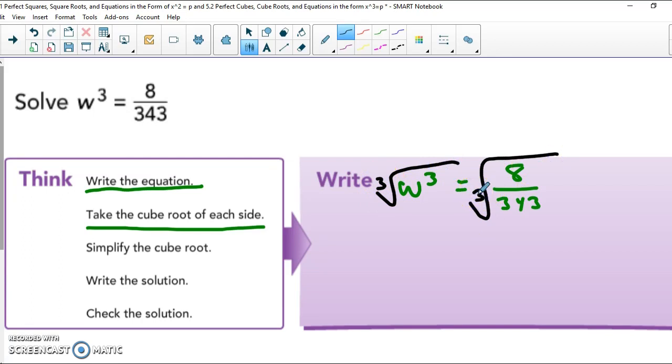So when I take the cube root, that undoes my exponent of 3, but I literally am taking the cube root of my numerator and the cube root of my denominator.